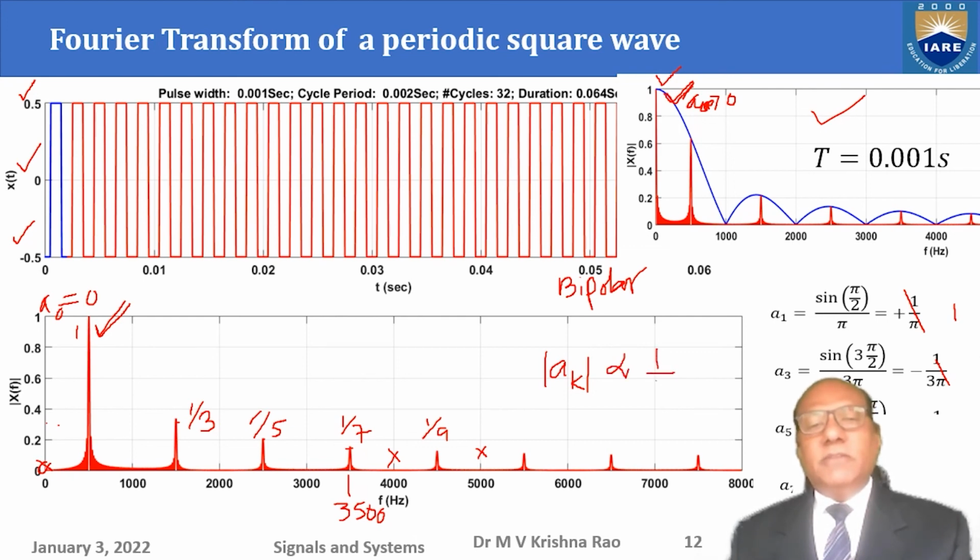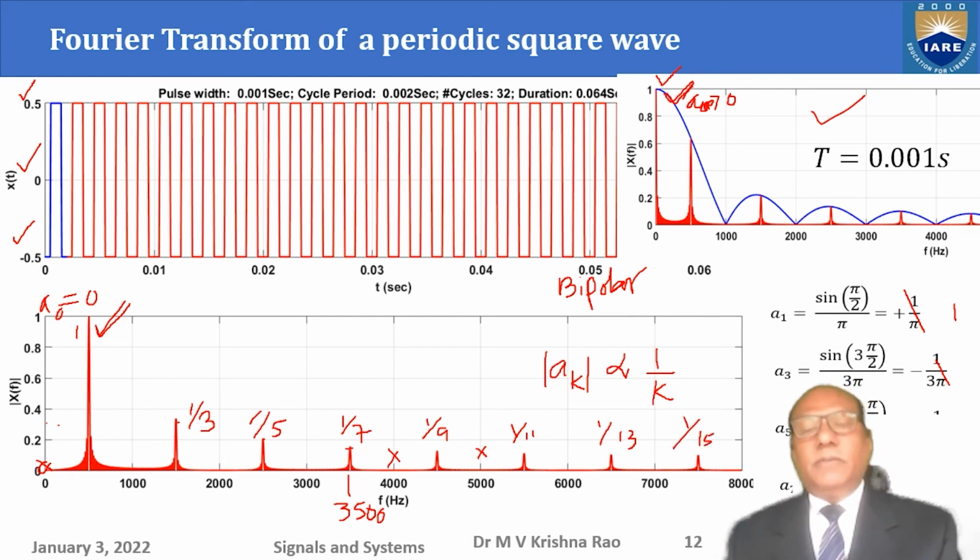That means inversely proportional to the harmonic. That means as the harmonic number increases, its contribution to the waveform comes down. Okay, so this is 1 by 11, this is 1 by 13, 13th harmonic, this is 1 by 15. Sorry, 15th harmonic means 1 by 15, and this is 8000.